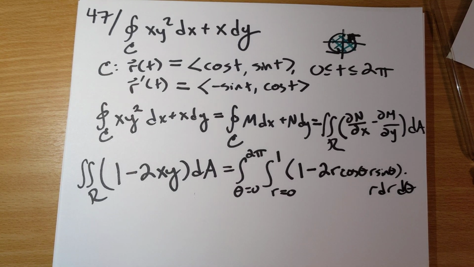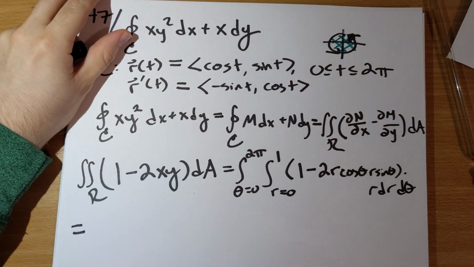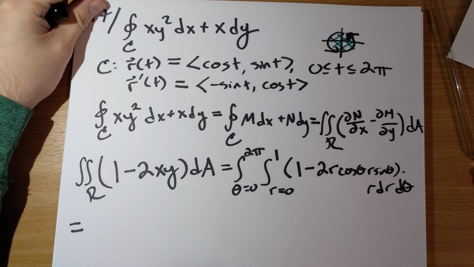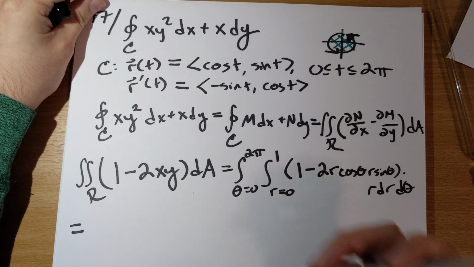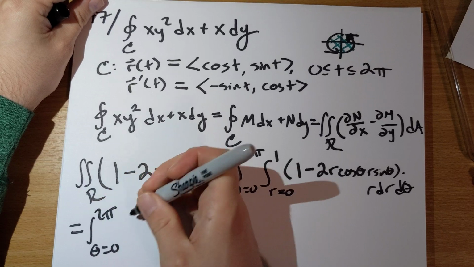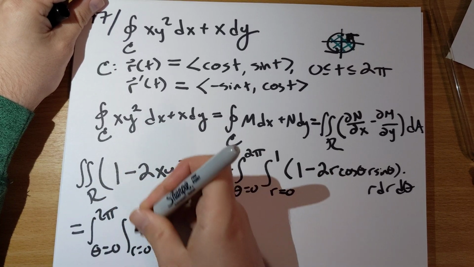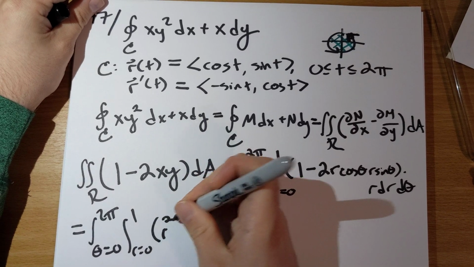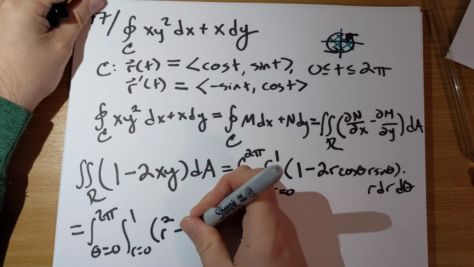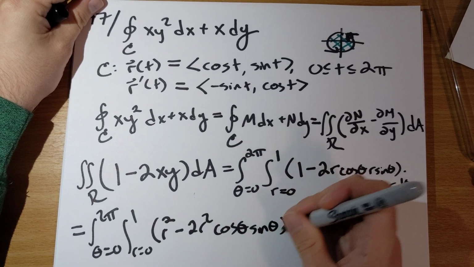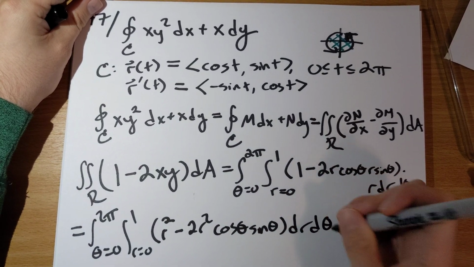Okay, what do we have here? This is going to equal, let's see here, theta runs from 0 to 2 pi, r runs from 0 to 1. Let me distribute through that r. We'd have r minus 2r squared cosine theta sine theta dr d theta.